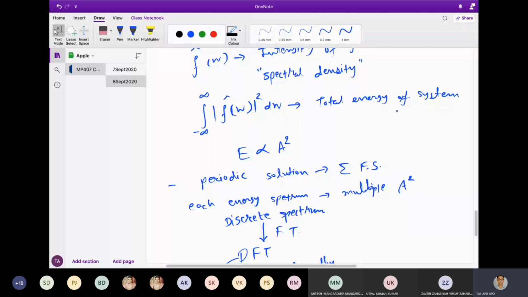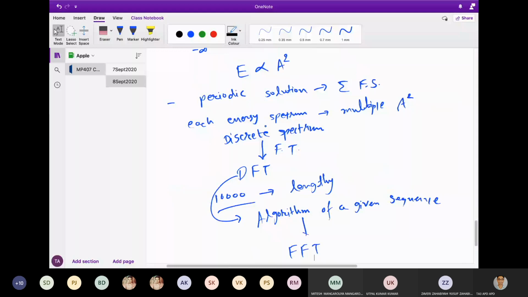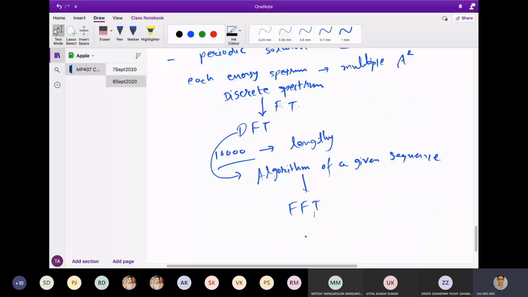When you analyze the data for those systems, you will have the discrete spectrum, and you need to apply the Fourier transform to it. And if that has to be performed over a large number of samples, then that is called the fast Fourier transform. So the fast Fourier transform is nothing but an algorithm which computes the DFT for the given sequence. That is called the fast Fourier transform.